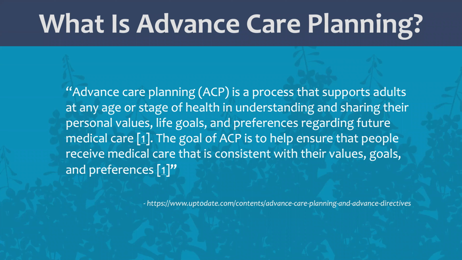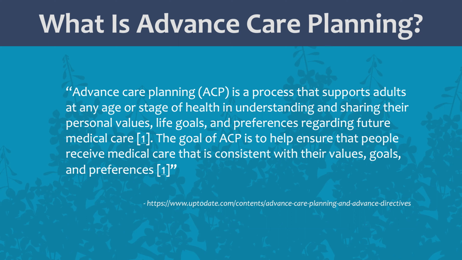So advanced care planning, sometimes people just don't even know what the heck we're talking about. So I wanted to start off by saying that advanced care planning is a process that supports adults at any age or stage of health in understanding and sharing their personal values, life goals, and preferences regarding future medical care. The goal of ACP is to help ensure that people receive medical care that is consistent with their values, goals, and preferences.